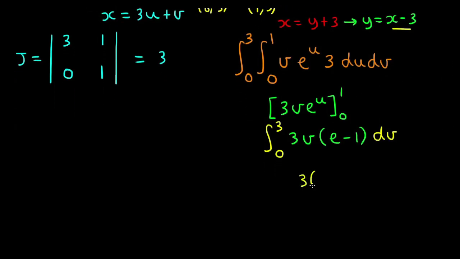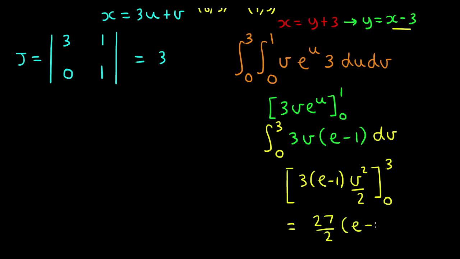So what we get is 3 by (e minus 1) by v squared on 2 evaluated at v equals 0 and 3. So that gives 3 by 9, which is 27, on 2 by (e minus 1).